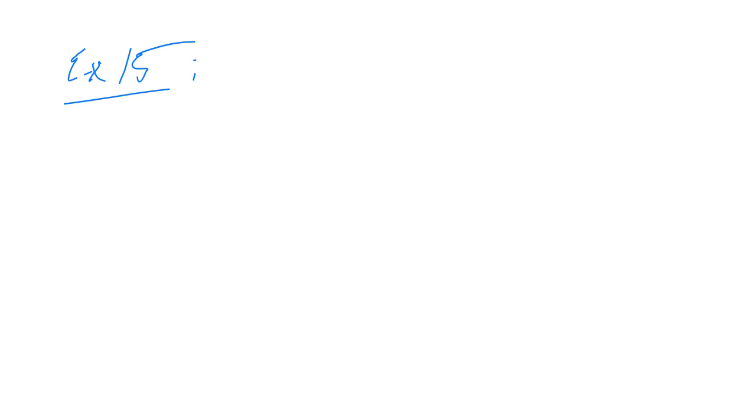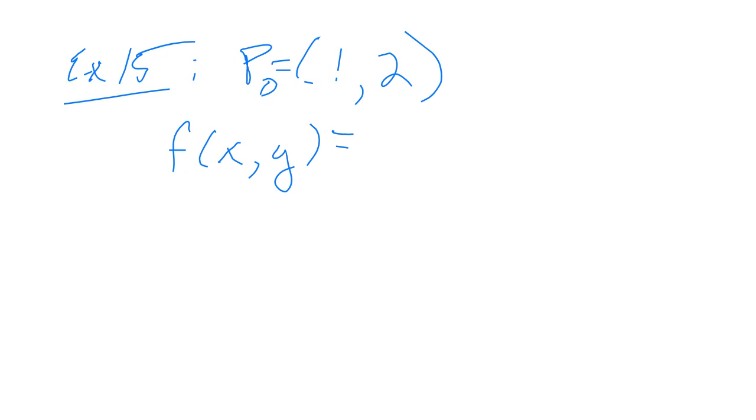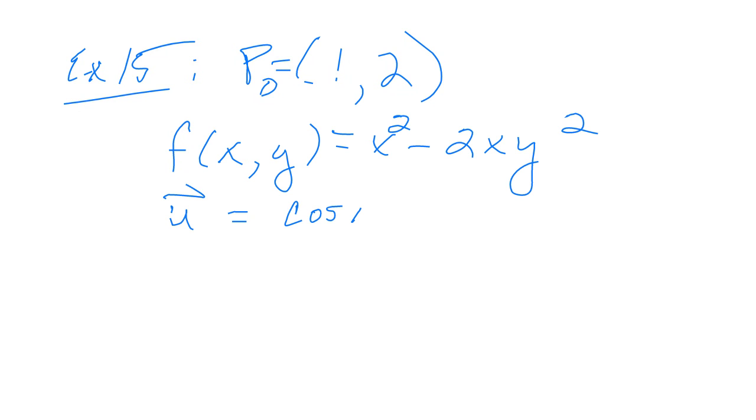Our particular point is (1, 2), and f of x, y is defined by x squared minus 2x y squared, so pretty easy one there. And then the u vector that I want to take the directional derivative in is going to be cosine pi i plus sine pi j.